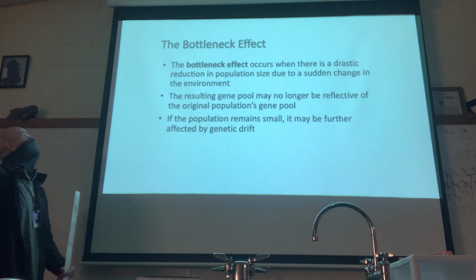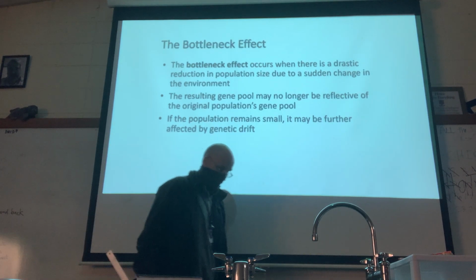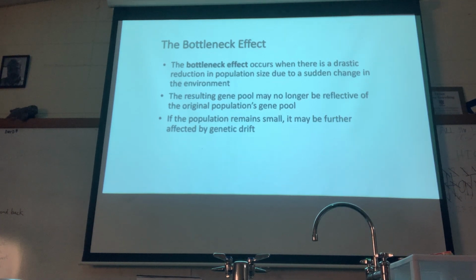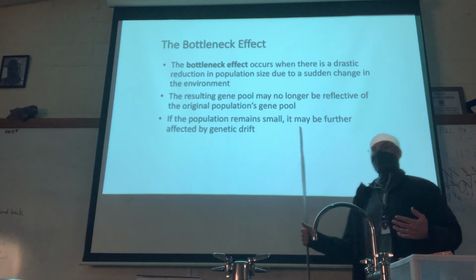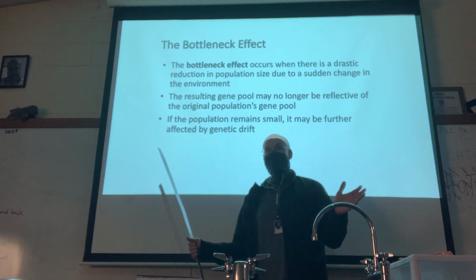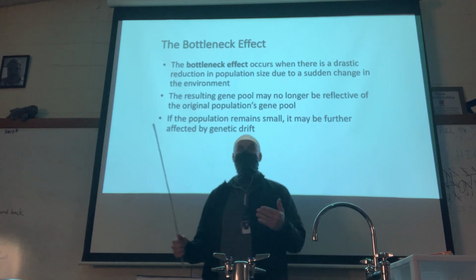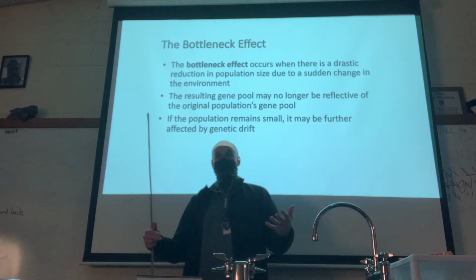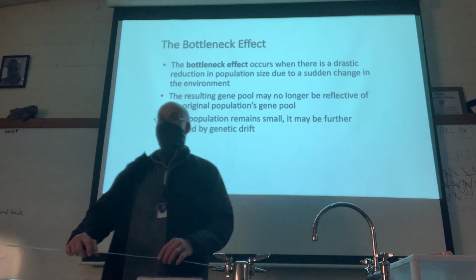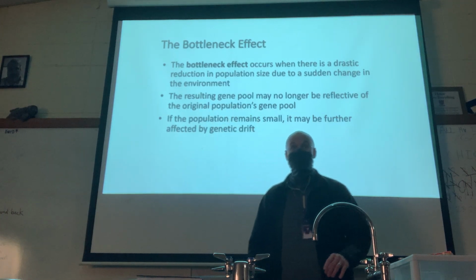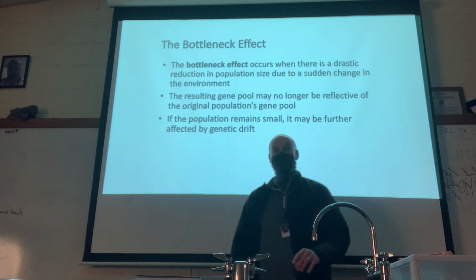A similar idea is the bottleneck effect. This is also part of genetic drift. It's kind of like the founder effect, except nobody goes anywhere. The founders in this case are just the individuals that survive a catastrophe. Humans seem to have gone through a pretty substantial bottleneck.